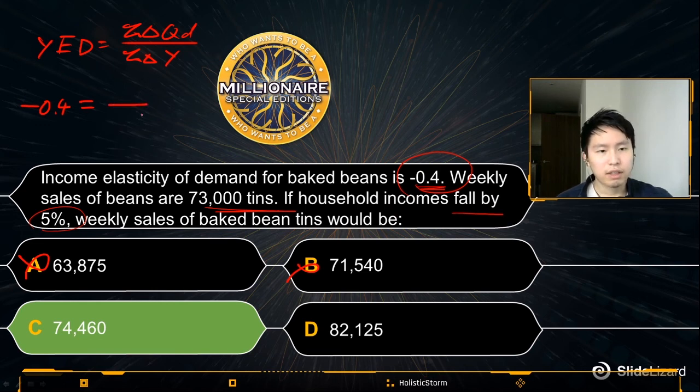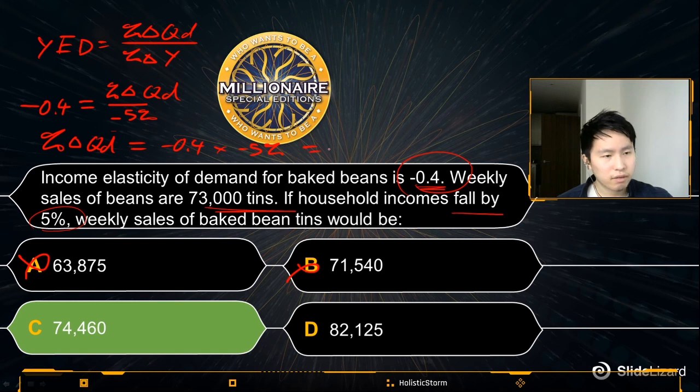So we know here is minus 5%. So remember the minus. A lot of students might forget the minus. Then we can get the percentage change in quantity demanded by multiplying both sides by 5%. So the percentage change in quantity demanded is going to be minus 0.4 times minus 5%. So it's going to be what? What do you think? Any ideas? 2%, right?